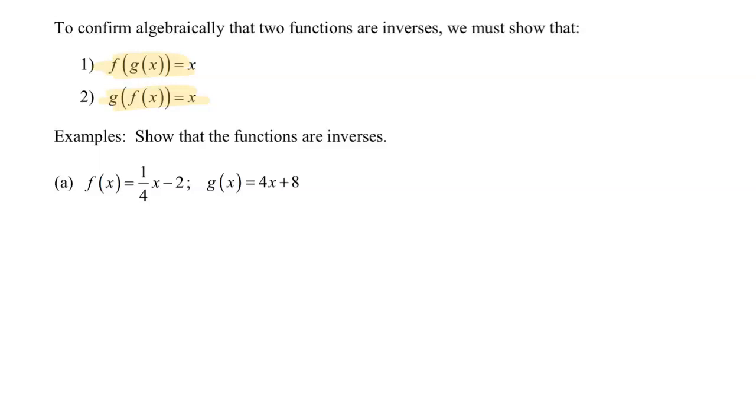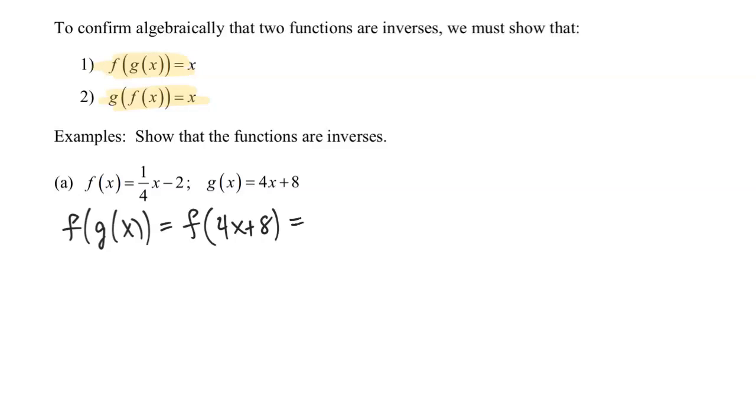And so let's start off with this first example. We have the functions f of x is equal to 1/4 x minus 2, and g of x is equal to 4x plus 8. So the first thing I want to show is that f of g of x is equal to x. And so f of g of x means I'm going to have f of g of x, which is 4x plus 8.